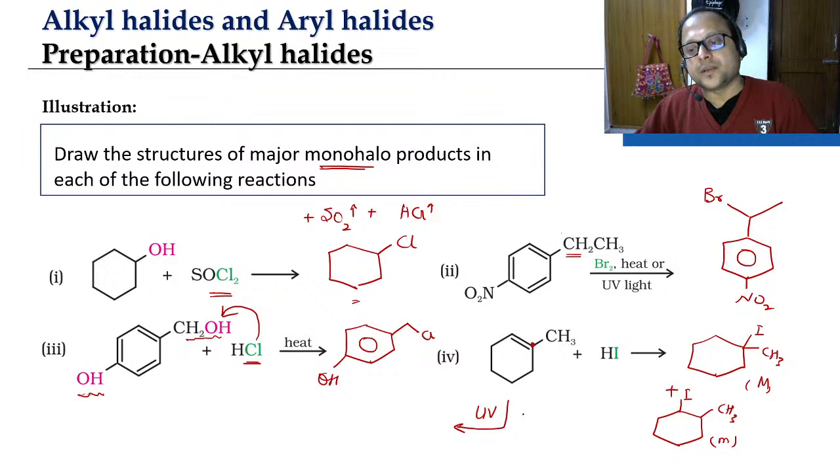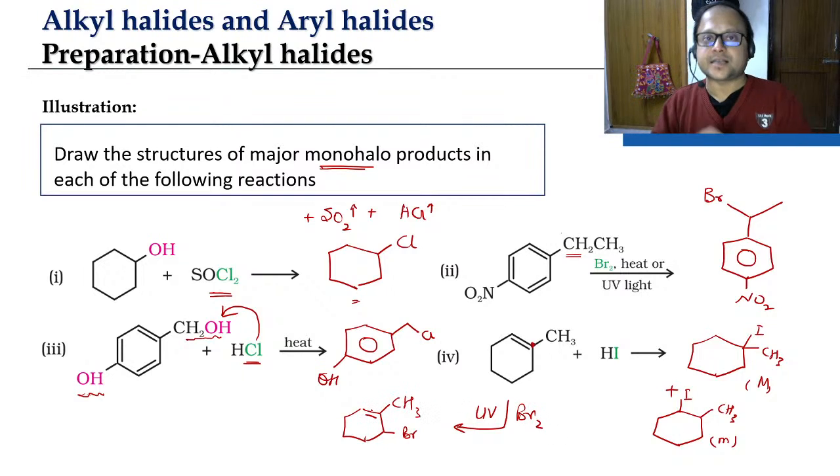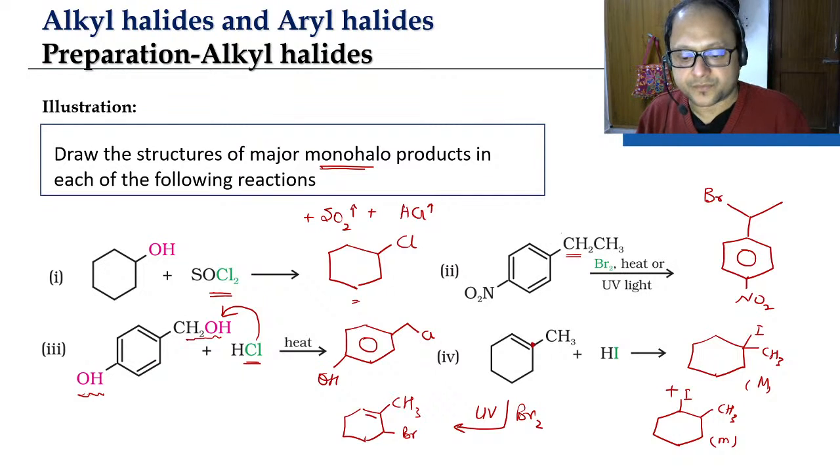So in this compound only, suppose if I add Br2, then it is going to add at the allylic position. Whether you add it here or at this position is one and the same. So bromine will be here. But if you add this in presence of CCl4, then both the bromines will add up over here. So these are the things that you have to take care of, right?